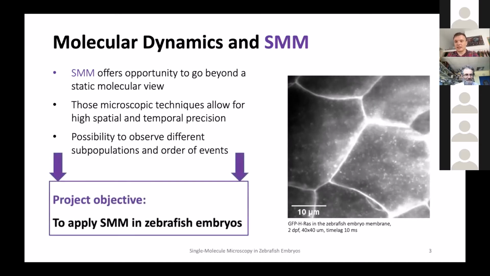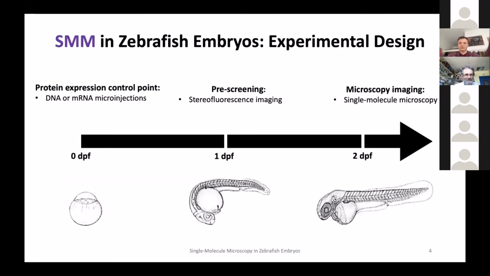I can apply those abilities of single molecule microscopy to study the mobility patterns of molecules in living zebrafish embryos. So now I would like to talk about the experimental setup. How do we actually do it in living zebrafish embryos? This is the standard experimental design for imaging living zebrafish embryos using SMM techniques.